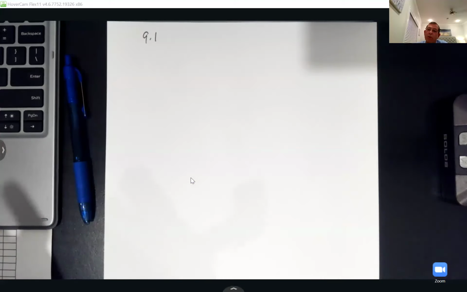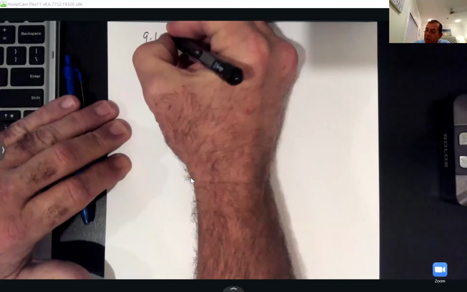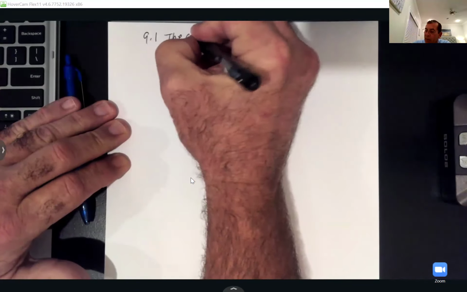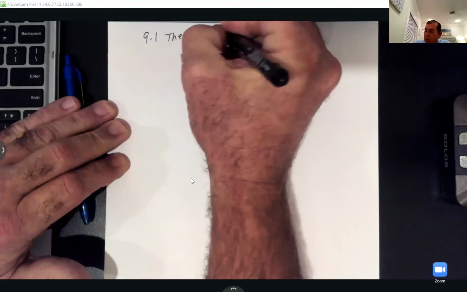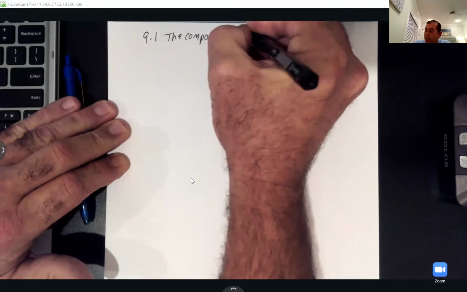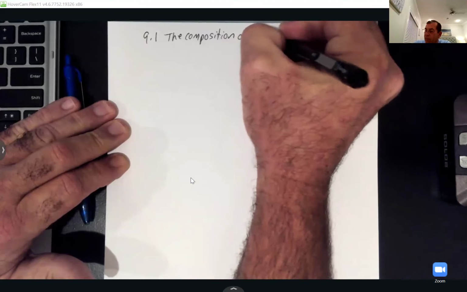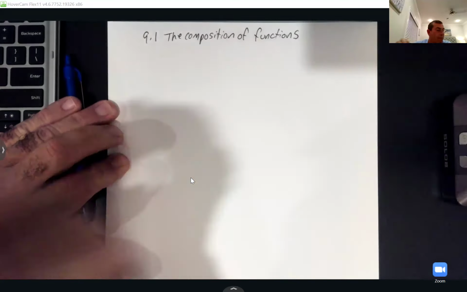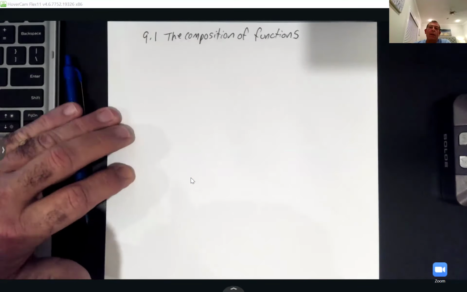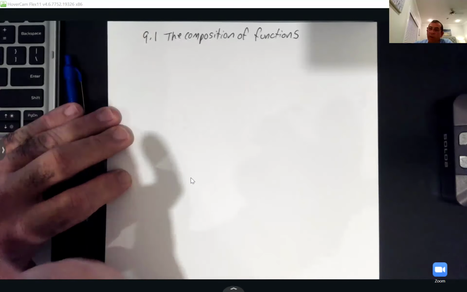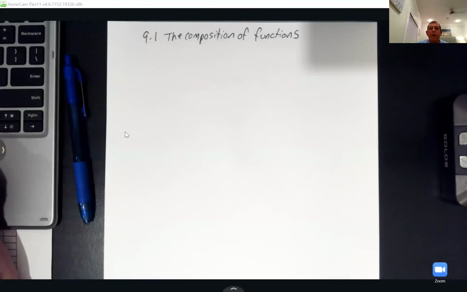Hang on, so 9.1 is something new. This is what we call the composition of functions. So let me let one more in here.